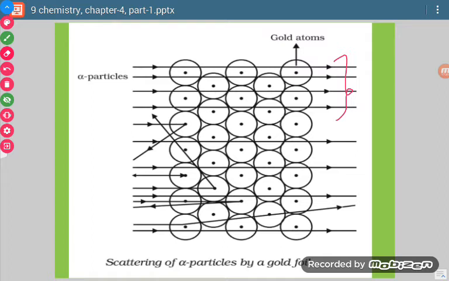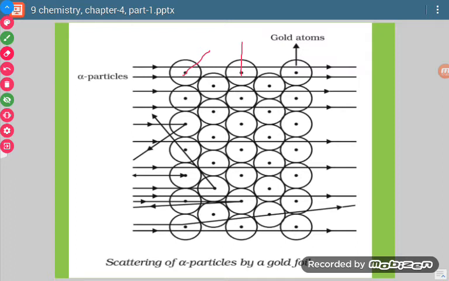But this dot which you are able to see, he named it the nucleus. So what Rutherford said is that positive charge is present at the center, and that center is called the nucleus.